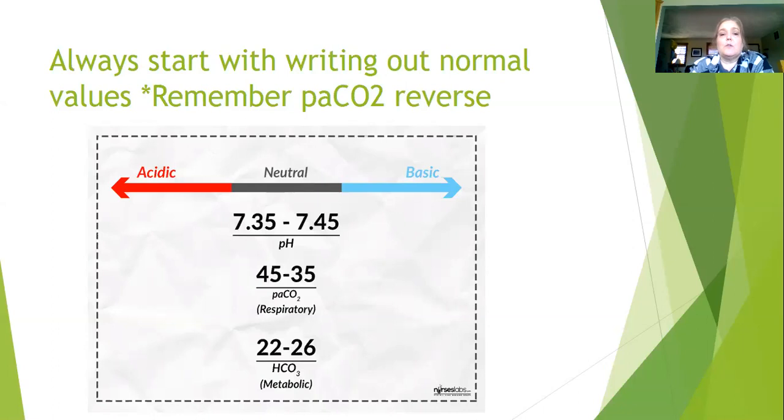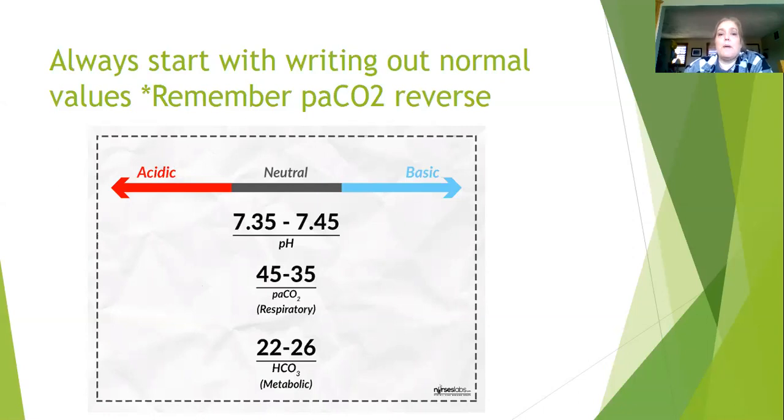So if our CO2 level is 48, it's going to be over this way towards the acid, okay? If our CO2 is like 30, it's going to be over to the basic side, to the right of the table, so that you will know that it is more alkaline.